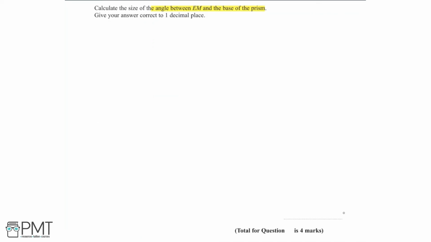Now we can first start by looking at the length DA. We're told that the ratio DM to MA is equal to 2 to 3, and so we can use this in order to find the length DM and the length MA. Now 2 plus 3 is equal to 5, and so we can use this ratio to say that DA is split into 5 parts.